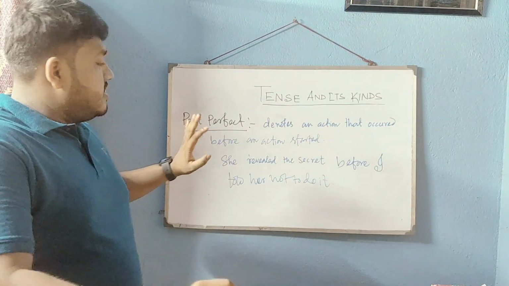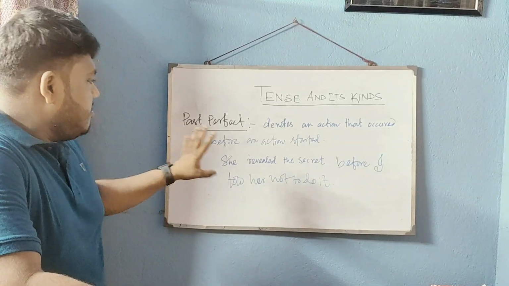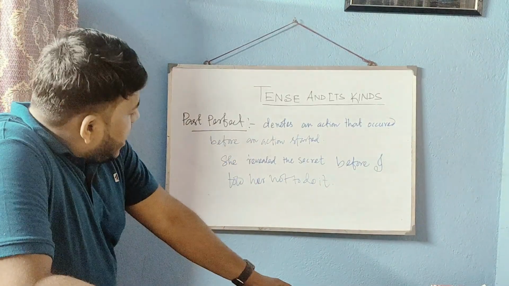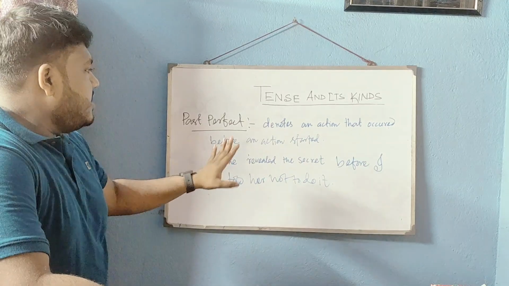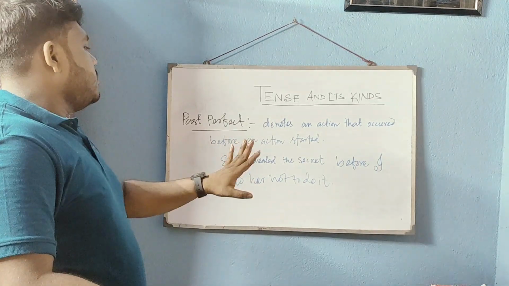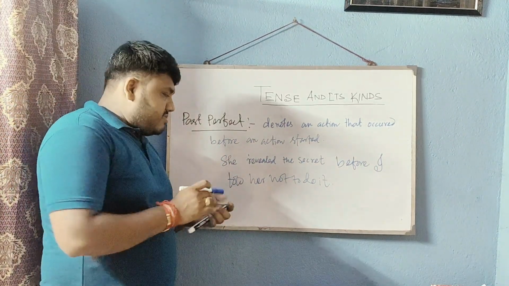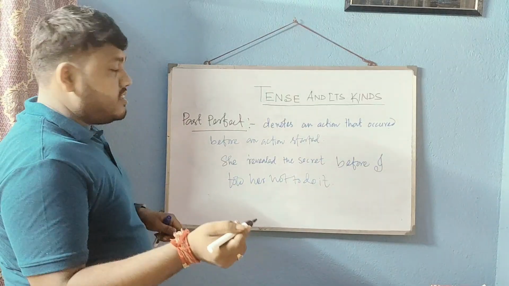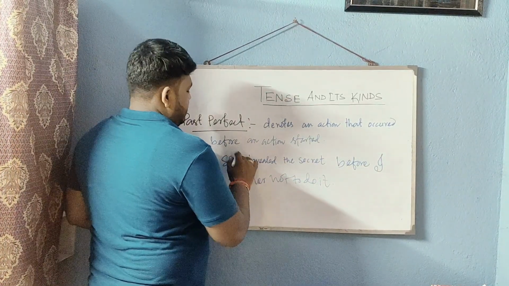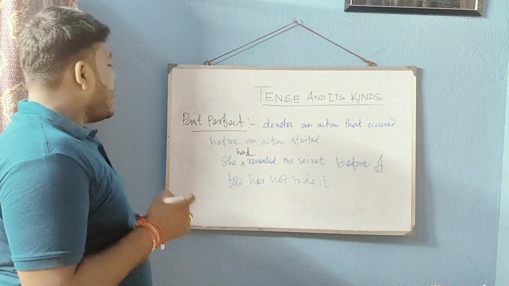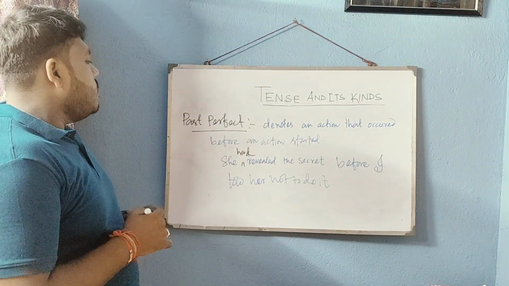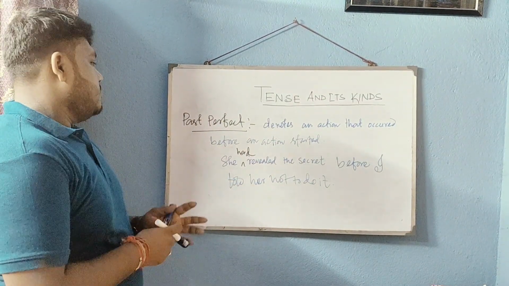I have written both sentences in the past simple tense. She revealed the secret before I told her not to do it. Here, I must use the past perfect tense. She had revealed the secret before I told her not to do it.